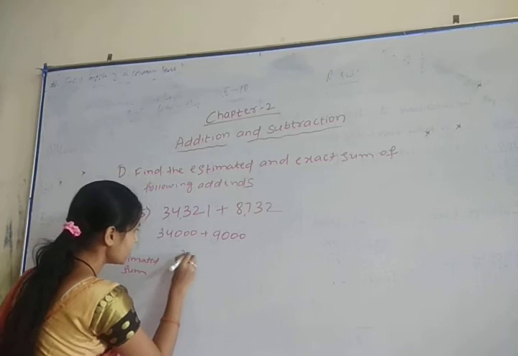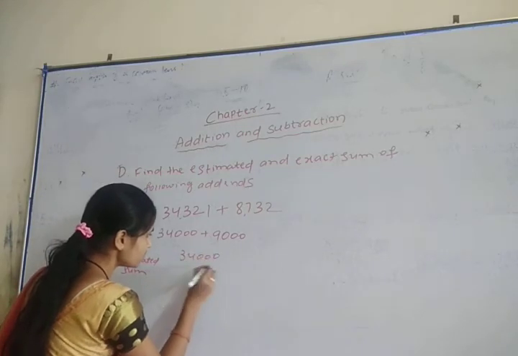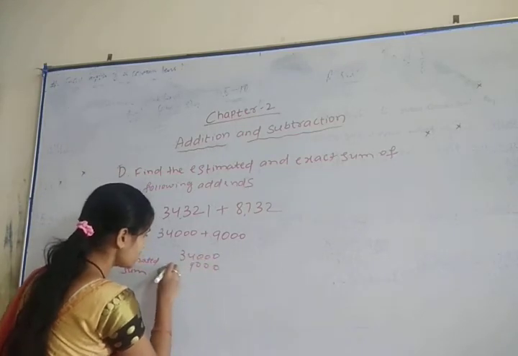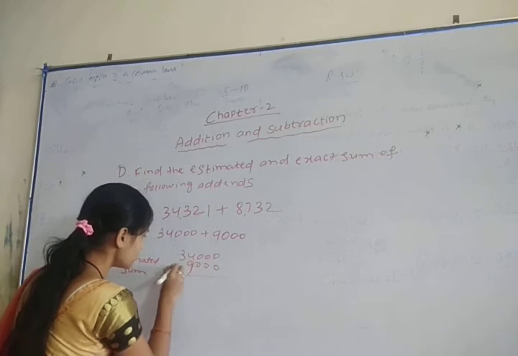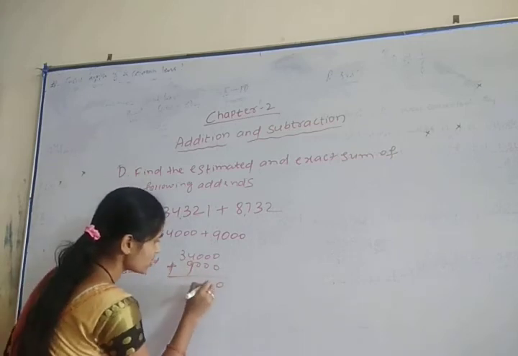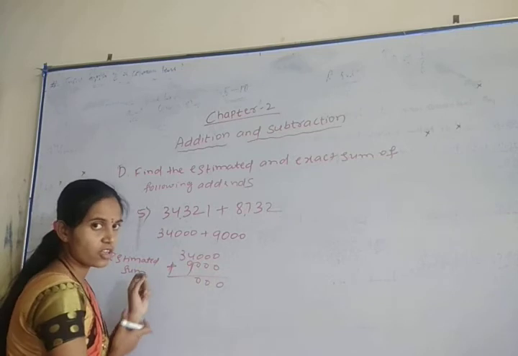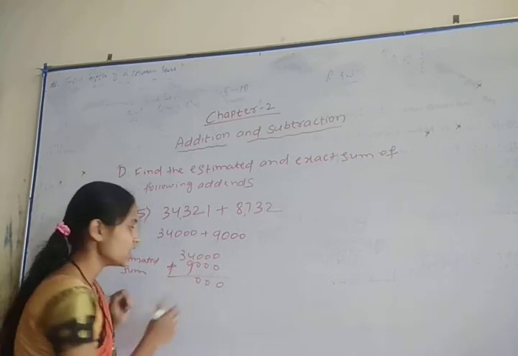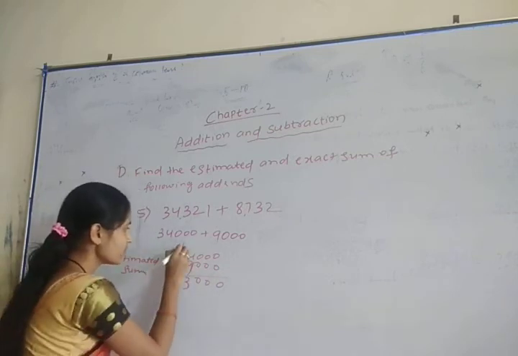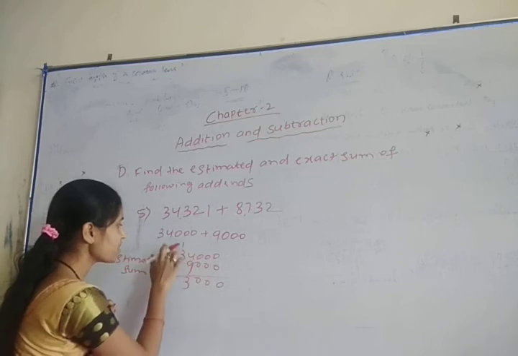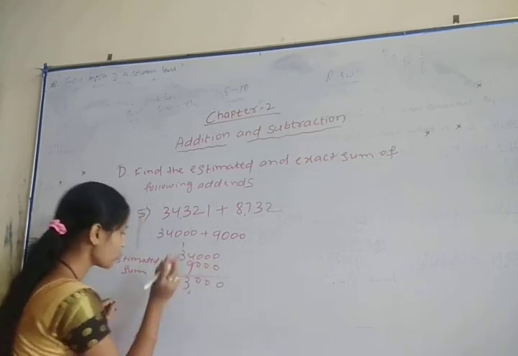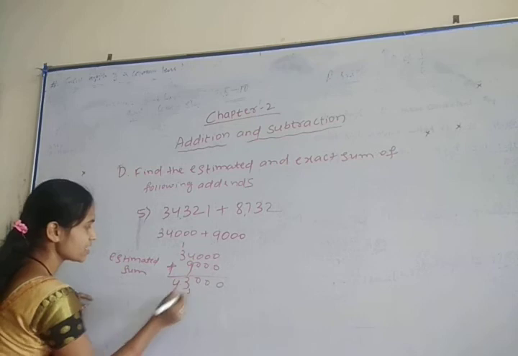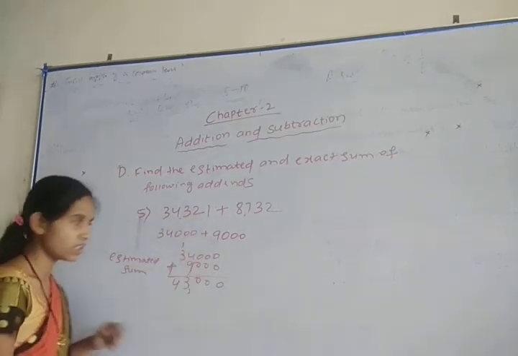Here add these two. So 0, 0, 0. 9 plus 4 is how much it is? It is 13. Write 3 here. Take 1 as a carry. Now 3 plus 1 is 4. 43,000 is the estimated sum of the given two numbers.